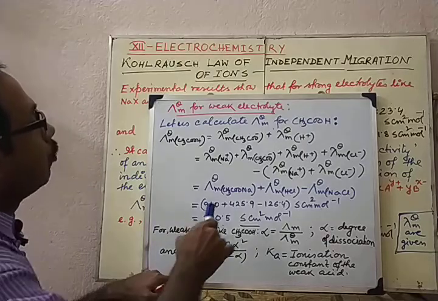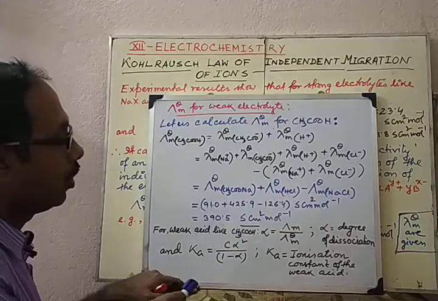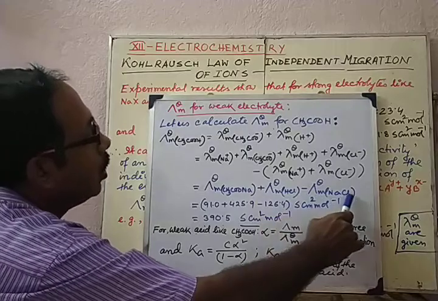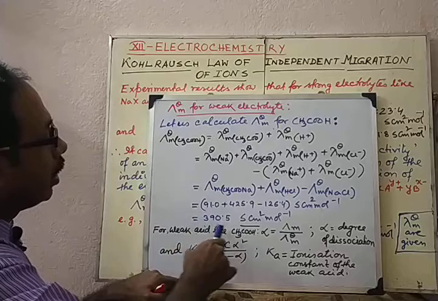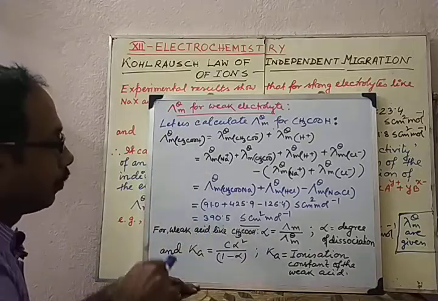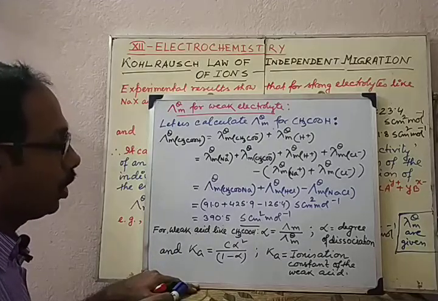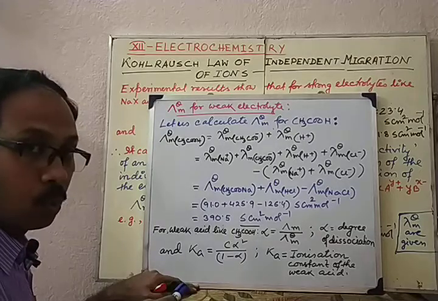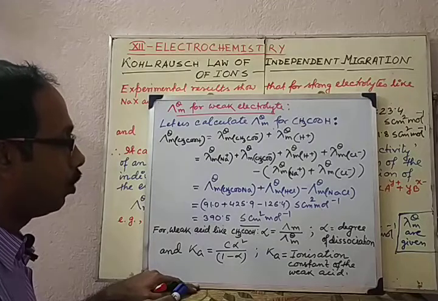Now again, if we know these individual values from the given values, we can calculate the limiting molar conductivities of these strong electrolytes. Putting these values, we can get the limiting molar conductivity of this weak electrolyte, acetic acid. Now for a weak acid or weak electrolyte, with dilution, the ionization increases and more ions are formed in the solution per unit volume.